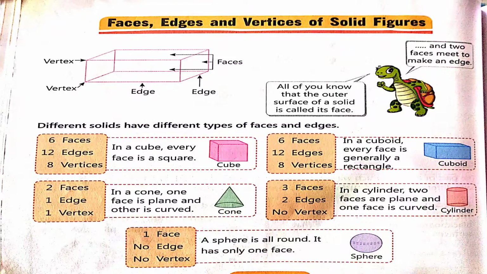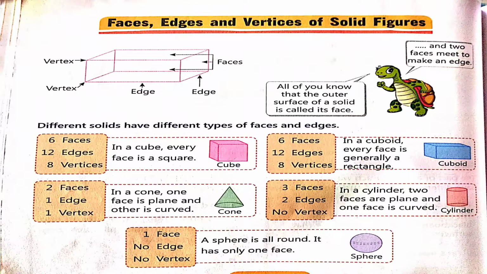And next is the faces, edges and vertices of solid figures. We already saw some solid shapes. They are cube, cuboid, cylinder, cone and sphere. So next is the number of faces, edges, vertices of the solid figures. The outer surface of a solid is known as its face, and two faces meet to make an edge.